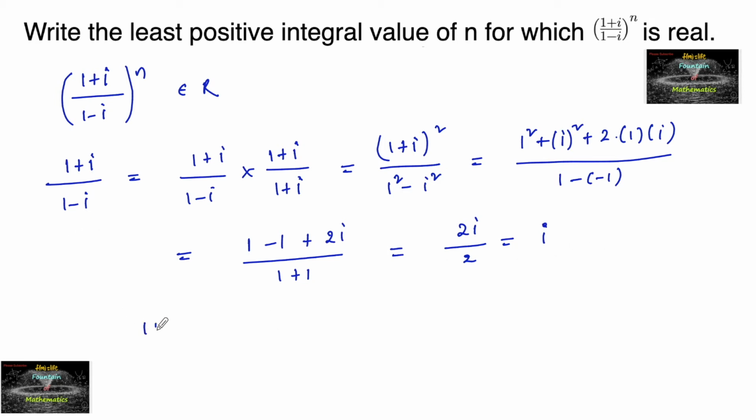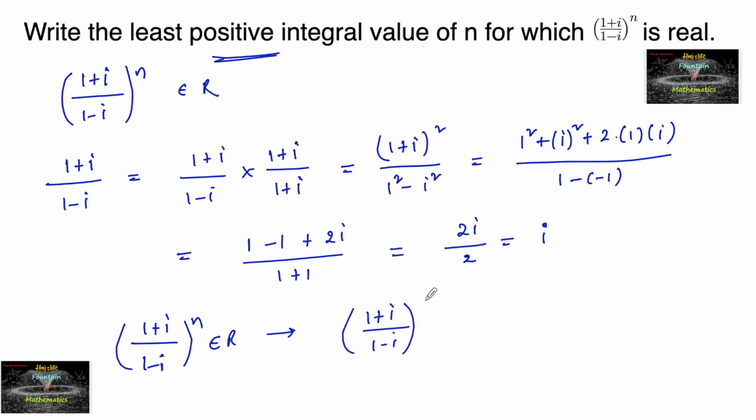Now (1 plus i upon 1 minus i) whole power n is a real number. What is the least positive integral value of n for which it is a real number? (1 plus i upon 1 minus i) whole power n is equal to i to the power of n.